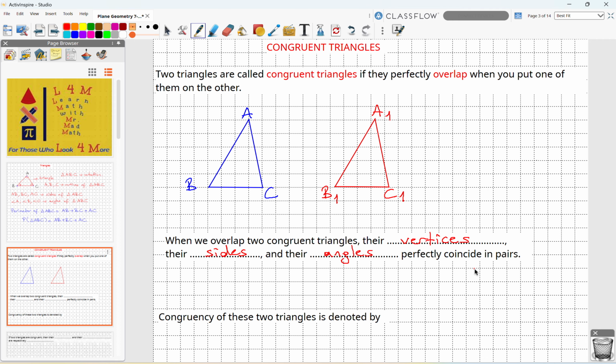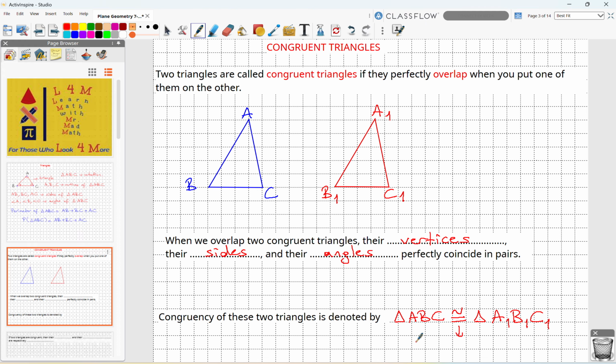Okay, so if these two triangles are congruent, we denote it by triangle ABC is congruent to triangle A1B1C1. This is the notation we use to write two congruent triangles.